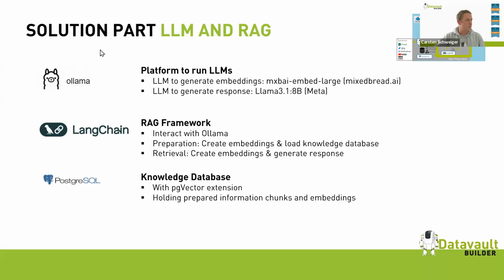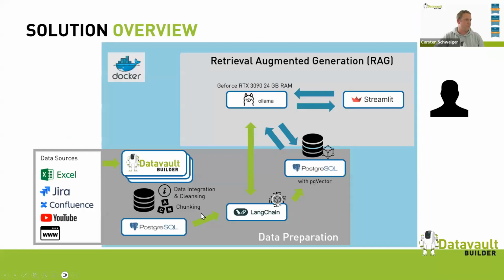Actually, the response uses both LLMs, of course. And as a knowledge database, we took Postgres, also open source, but with the pgvector extension. With this extension, you can use it as a vector database, and you can hold the prepared information chunks and the embeddings in this database. So that was here in the middle.